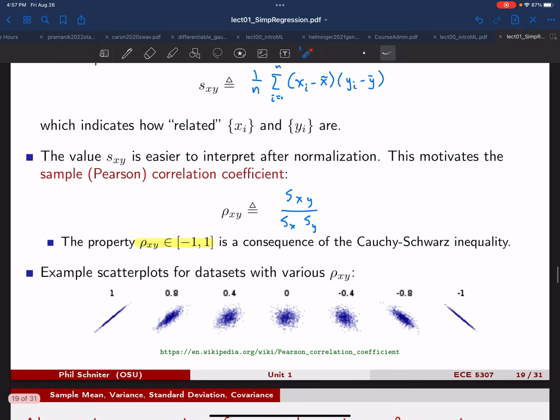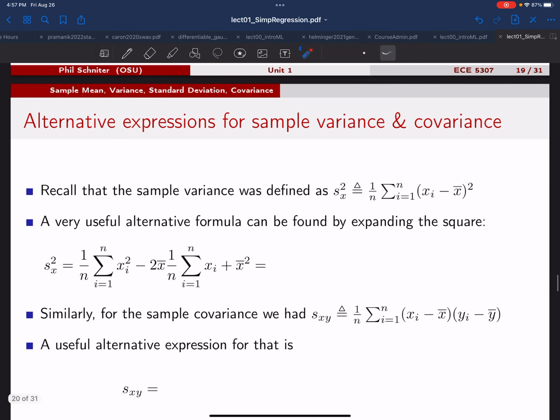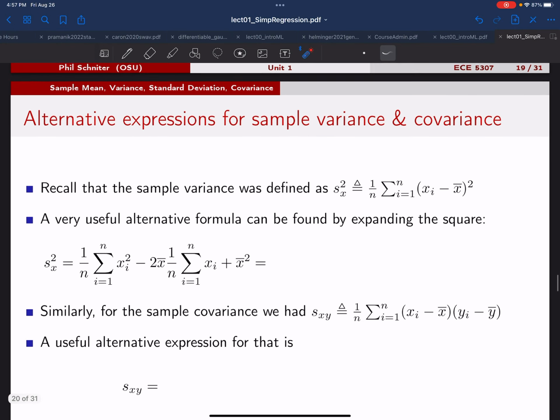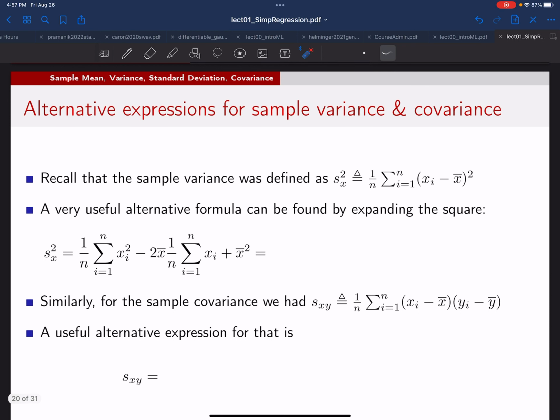Okay, so basically with these 5 statistics, that's going to be enough for us to perfectly design our betas. In other words, the betas that will give us the smallest possible RSS. But before we do the derivation and go through all those details, I want to point out that there are a couple other really useful expressions that pop up a lot, and it's good to know about them and be able to recognize them.